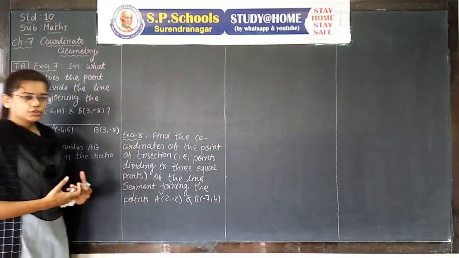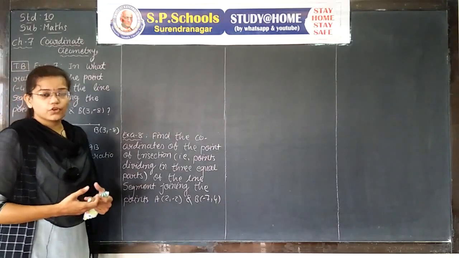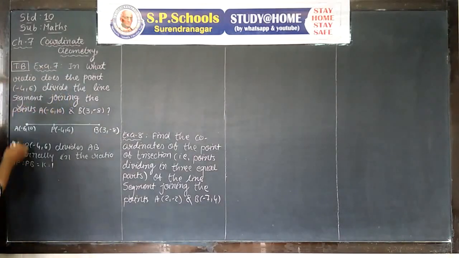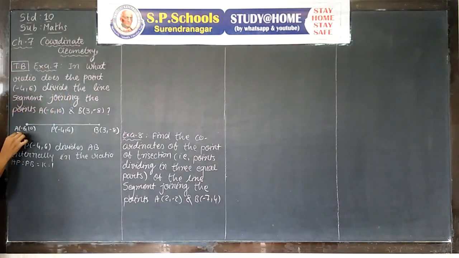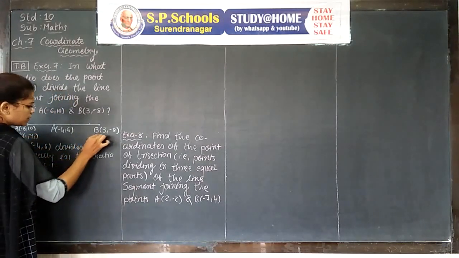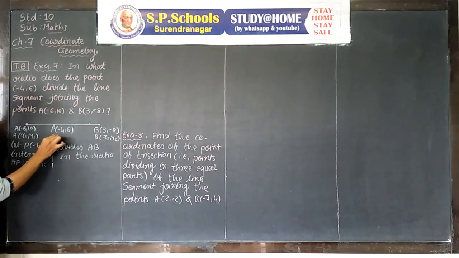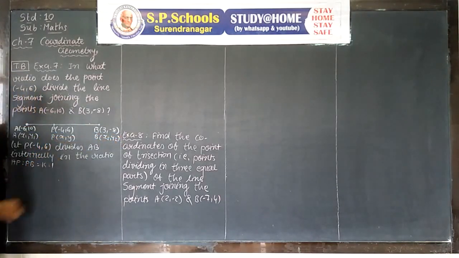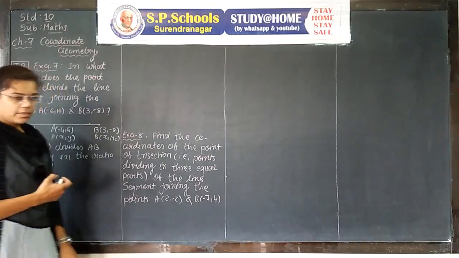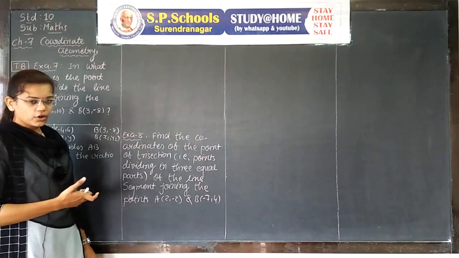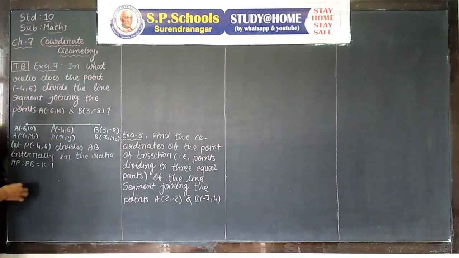Whenever we need to find a ratio, we use the formula in the form of k, in which the first point A is (x1, y1), the last point B is (x2, y2) and the point of division is (x, y). Now we find the ratio k : 1. We apply the x coordinate or y coordinate for the section formula.